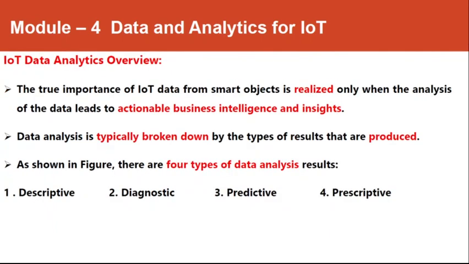The IoT data generated by smart objects becomes important when the analysis of this data leads to actionable business intelligence and insight. So we'll look into IoT data analytics now. Data analysis is typically broken down into different types based on the types of results they produce.